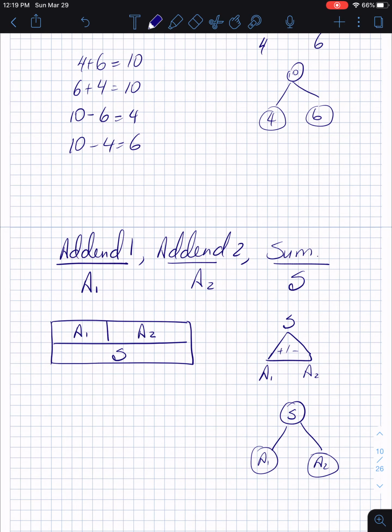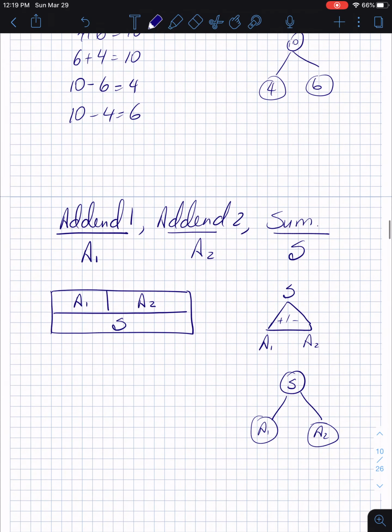And depending on which situation, which curriculum you're using, you will see 1 or 2 of these representations. So this is strip diagram. This is fact family triangle. And this is a number bond.